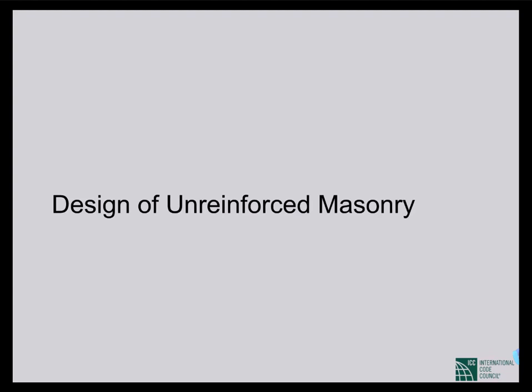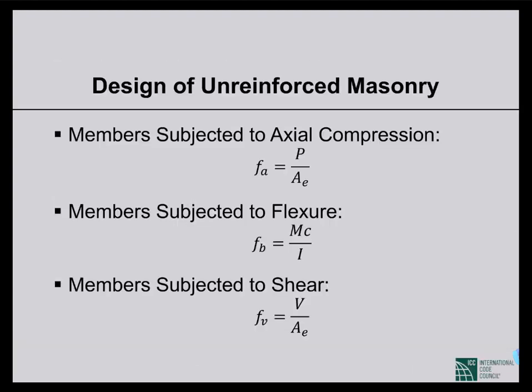And then based on the slenderness ratio, we can define allowable stresses. Knowing the allowable stresses, for design of unreinforced or reinforced masonry, we have to check them against the applied stresses. These are quite common formulas we always use.